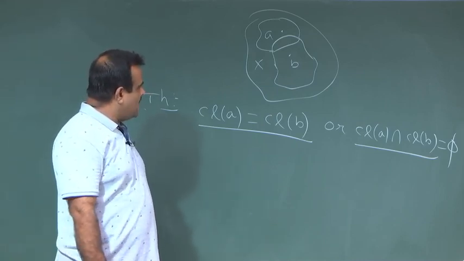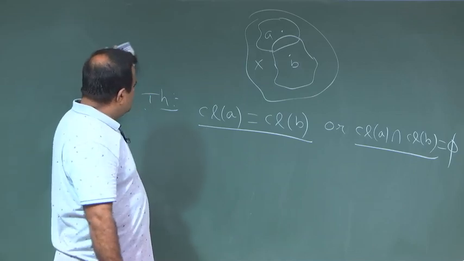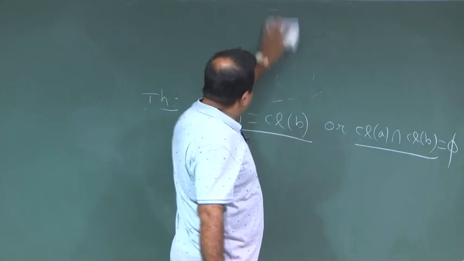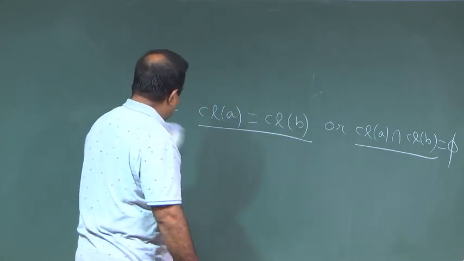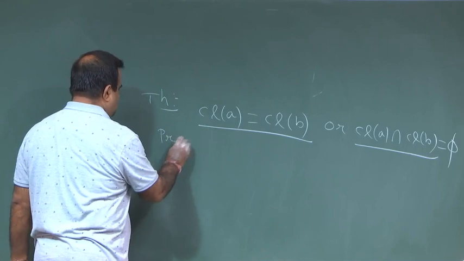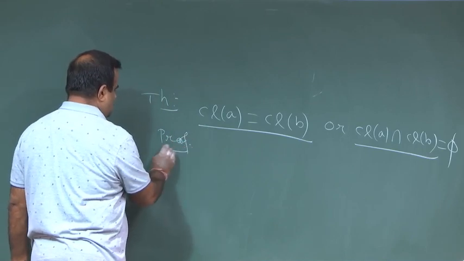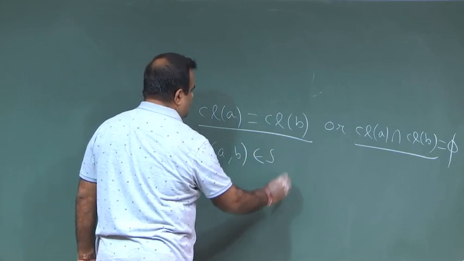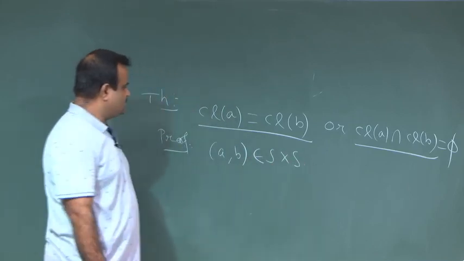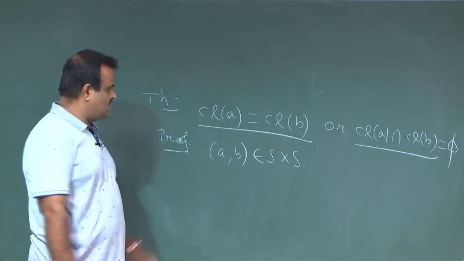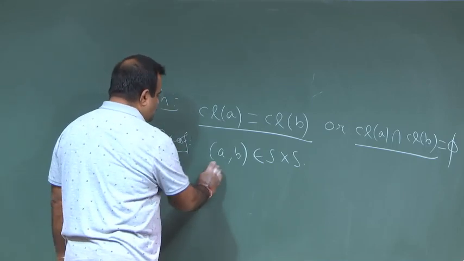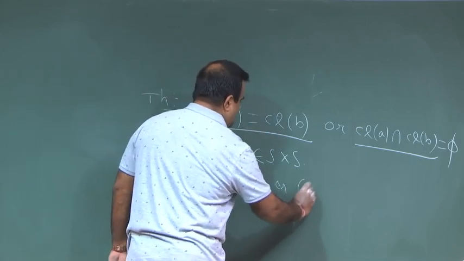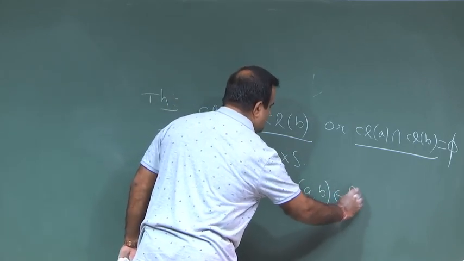Okay. So, how to prove that? This is true for any a, b. To prove this, (a, b) belongs to S cross S. Now, if (a, b) belongs to S cross S, there are two possibilities: either (a, b) belongs to rho or (a, b) does not belong to rho.